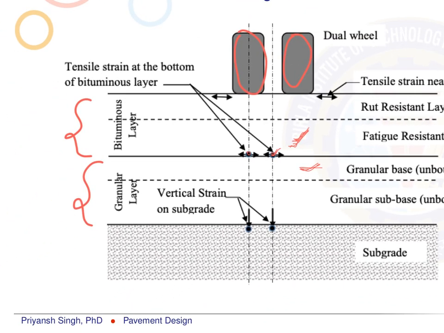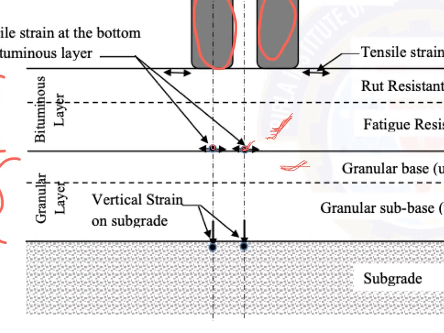Similarly, we have to make our measurement of vertical compressive strain over the subgrade for rutting. In this case also, we have to get the strain at these two points, and these points will be assumed to be situated on an interface but towards the subgrade side, not on the granular material side.